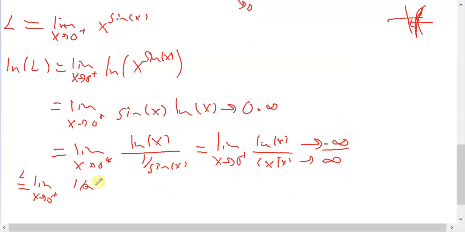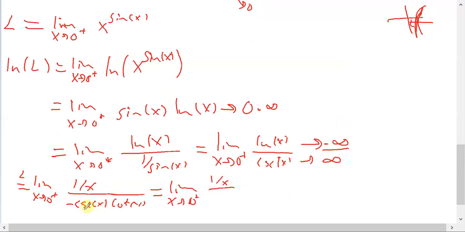Derivative of natural log is 1 over x. Derivative of cosecant is minus cosecant cotangent. And as x goes to 0, I'm probably going to change this to sines and cosines. It's likely my best bet. So I'm going to take the limit as x goes to 0 from the right. Let's see, down here, just leave this 1 over x for now.